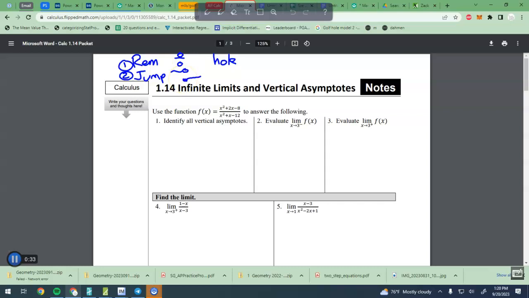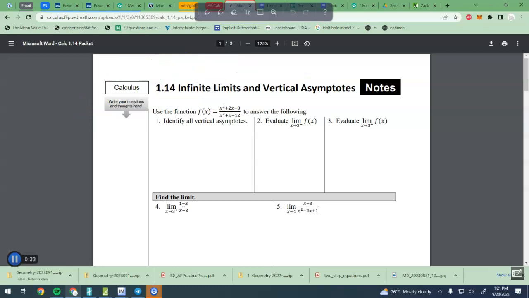So pieces don't meet. And then there was vertical asymptotes, which we said was something on top of 0 over 0. And remember, these two are non-removable. Yesterday we focused on how to remove discontinuities, and today we get more into vertical asymptotes.